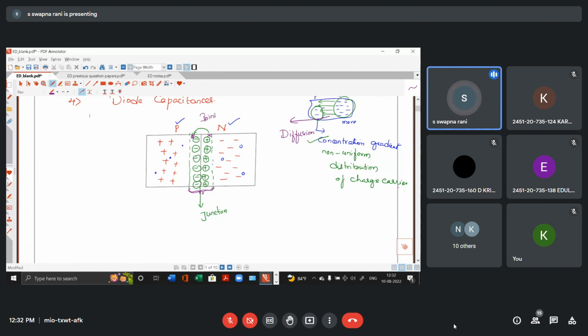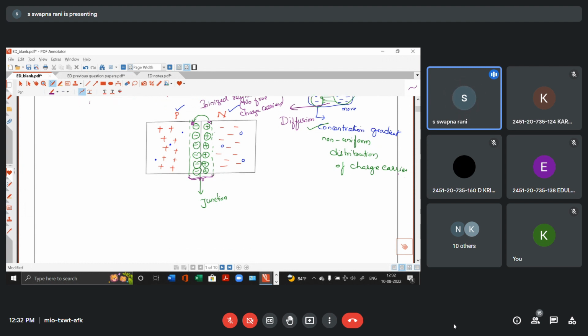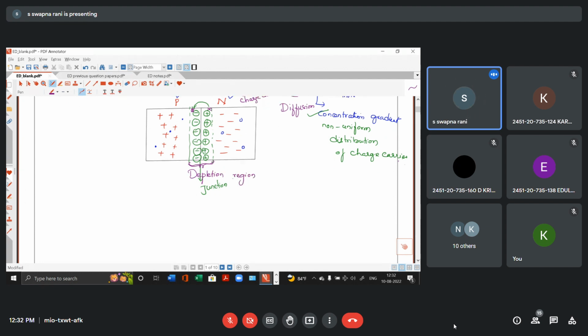This is called the ionized region, which includes only ions and no free charge carriers. So this is called the depletion region.